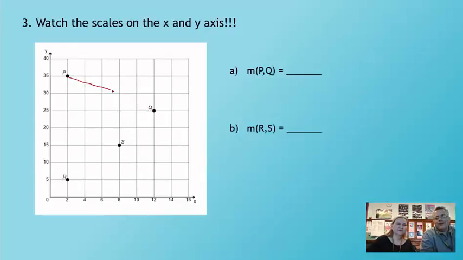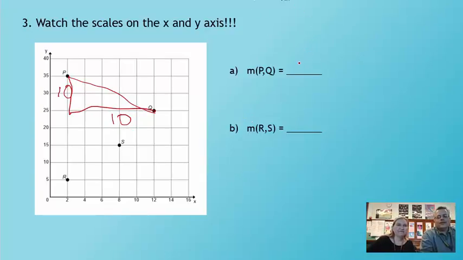Here is my rise, and here is my run. Looking at the units, I went from 25 to 35, so that's 10 units. Horizontally, we go from 2 to 12, so that's 10 units.